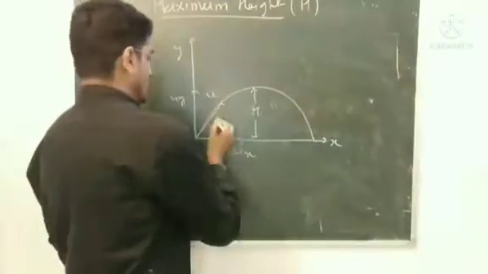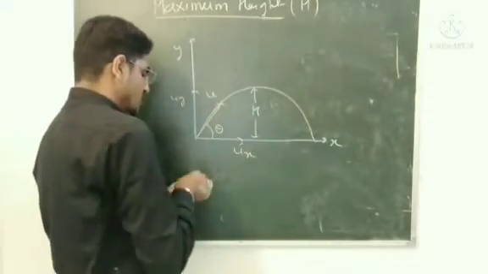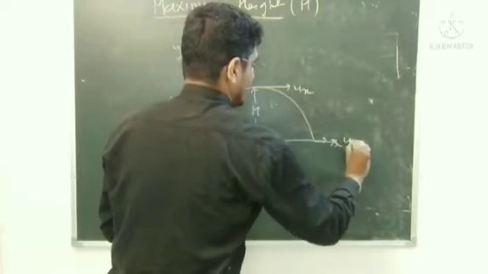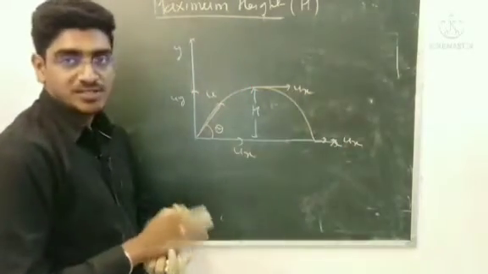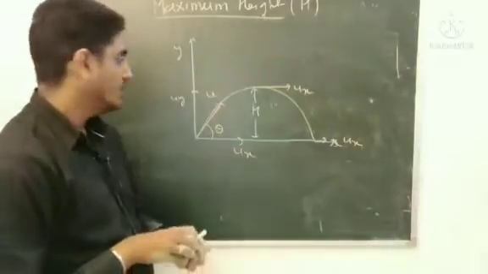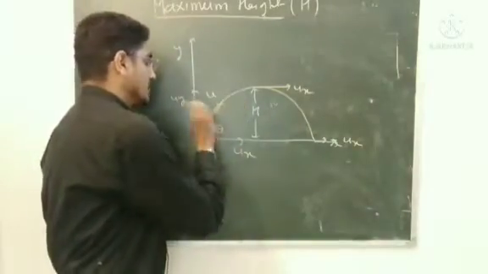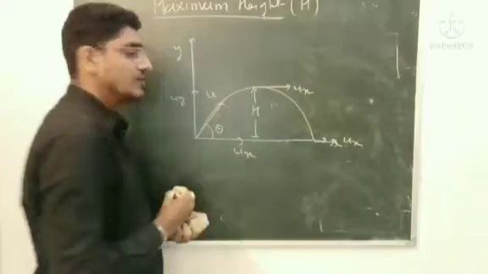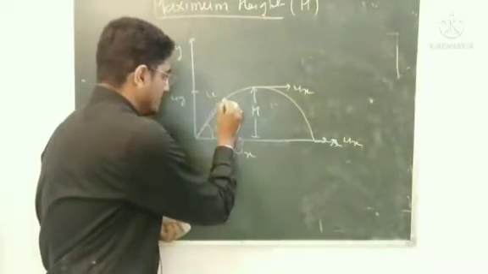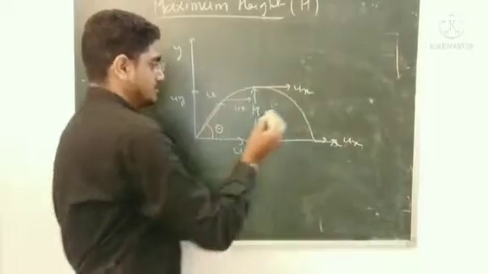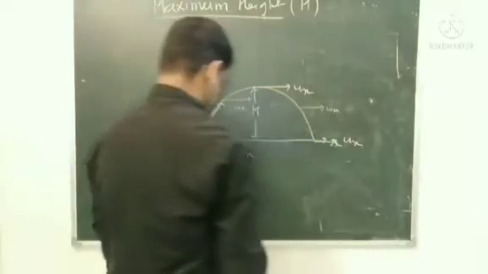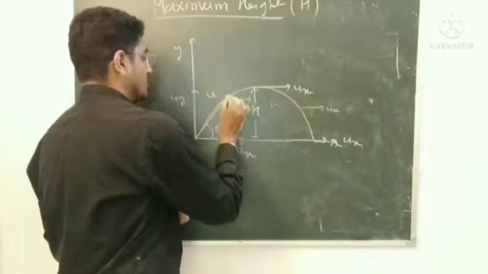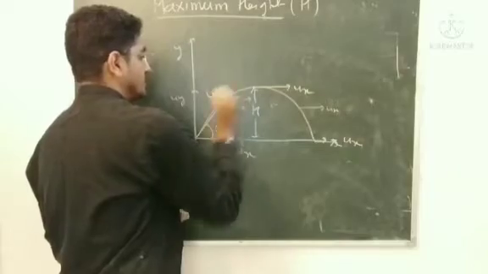Look. As we have discussed earlier, this ux component for a projectile is always the same. That is, the x component velocity is always the same. Only the vertical component changes. So the velocity along the vertical component keeps on decreasing.